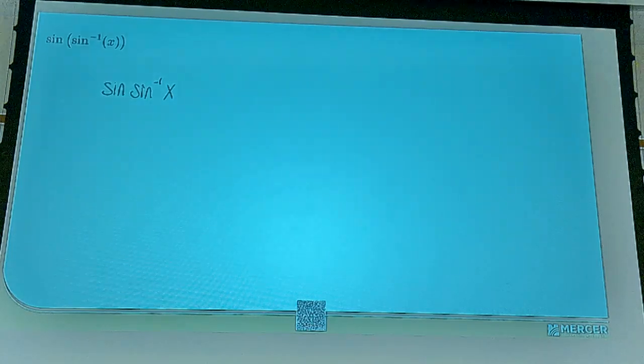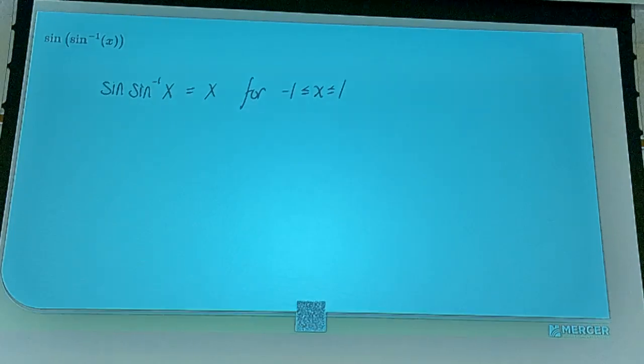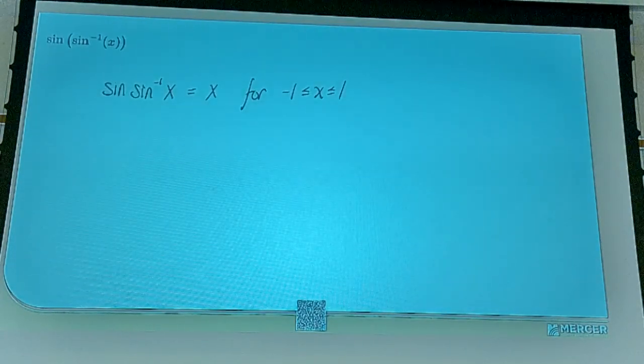Negative 1 to 1, right? Then the sine of the inverse sine of x would just be x, for x between negative 1 and 1. So that one was very straightforward.